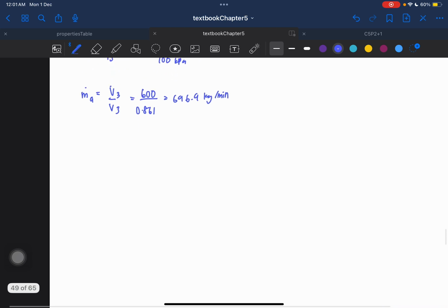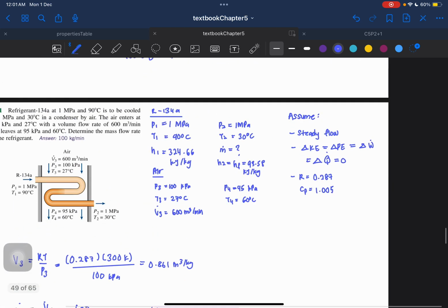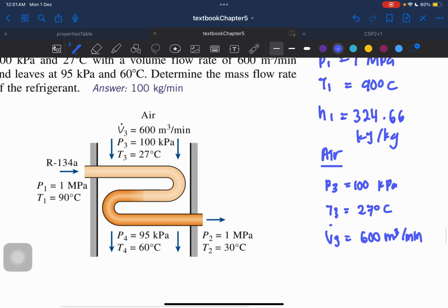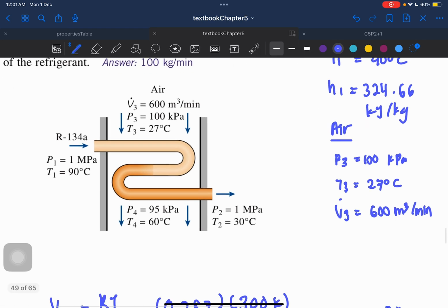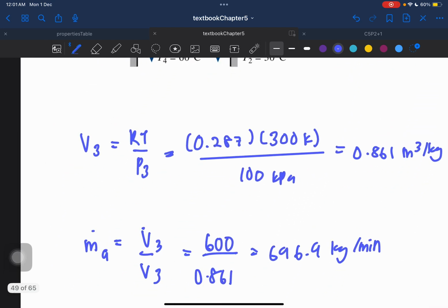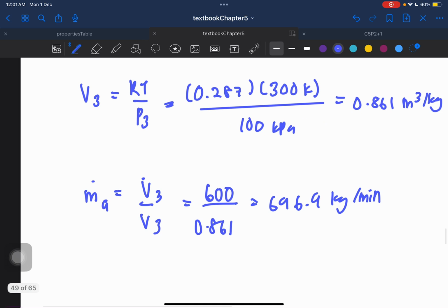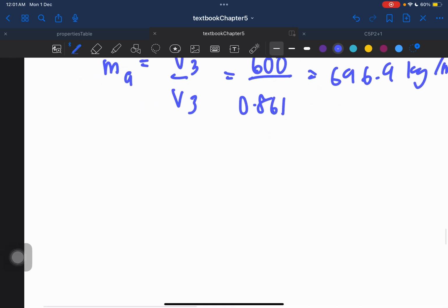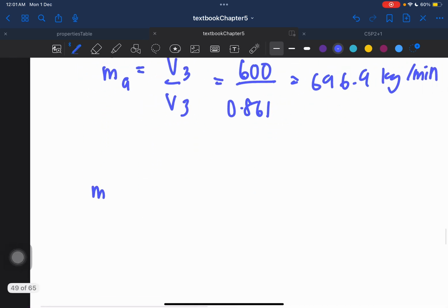Okay, now we can see that this whole system is a heat exchanger, and it's a control volume, because the volume is steady all the time. Now we can write the mass balance for each fluid stream: mass flow rate in is equal to mass flow rate out. Why?